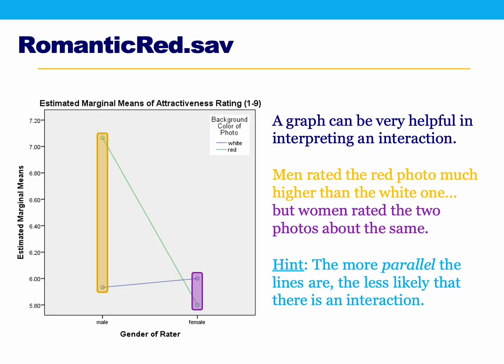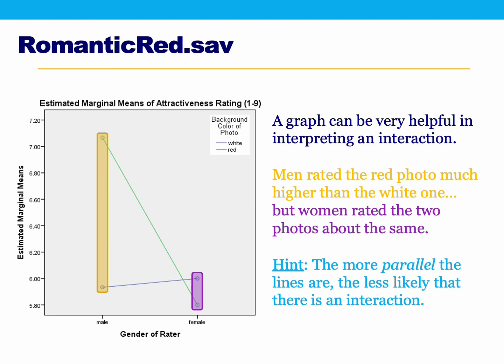Another way that we can assess whether we have an interaction is by looking at a graph. It's clear that men rated the red photo much higher than the white one. But like I said, women rated the two photos as the same.